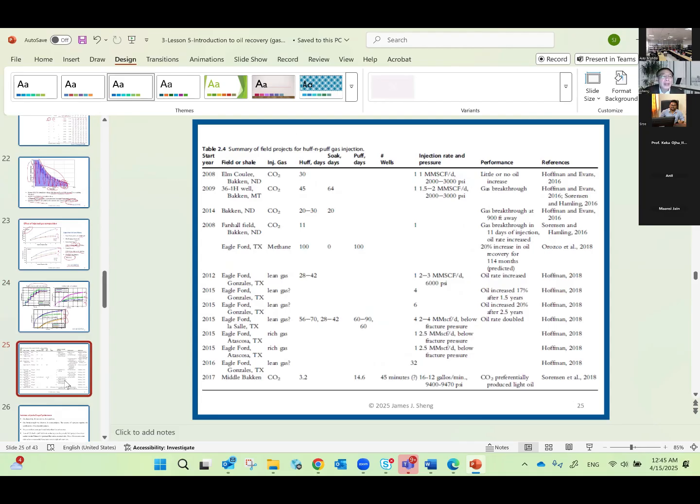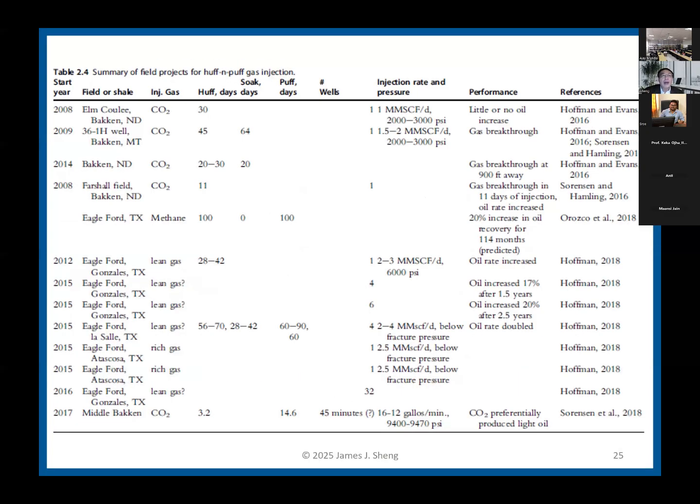Now let's look at some field projects, field results. Here I did some survey and summarized the Huff-n-Puff gas injection projects. The first one is 2008.